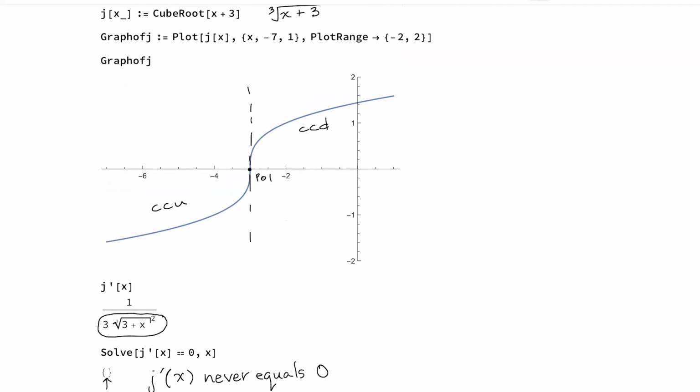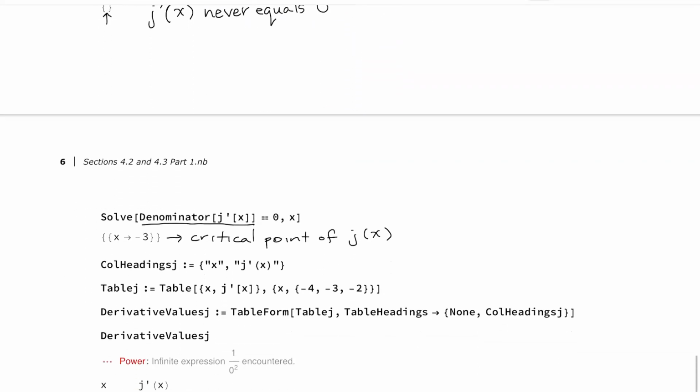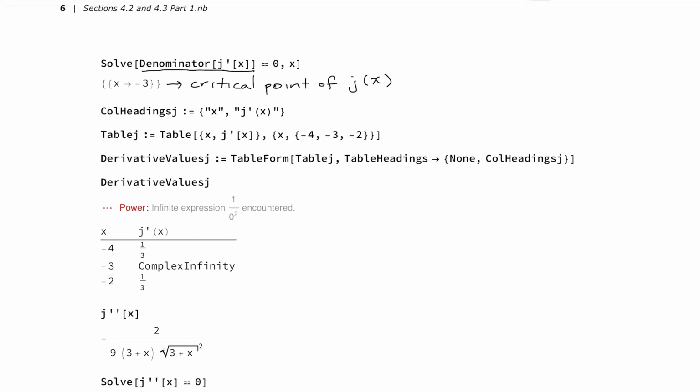Okay, I'm using a table here to look at j prime on either side of this critical value. By the way, x equal -3 is a critical value because it is in the domain of j. Remember, in order to be a critical number, that x value has to be in the domain of the function.